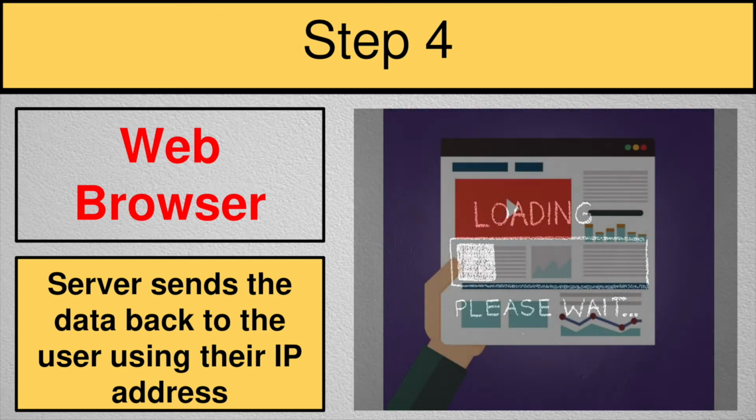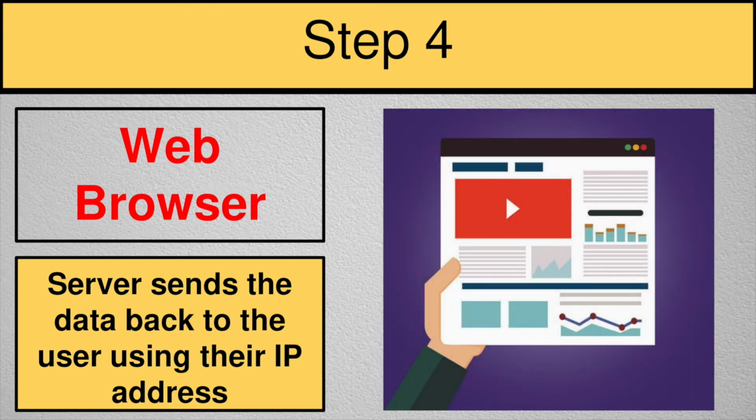So let's look at a website itself. The picture on the right would be a standard website, and there are different components that make up that website. For example, you'll have a video there, you can have a chart, it might include some pictures as well. All of these components make up the website. Now, when you are requesting that data to be sent to you, it won't come all in one part.